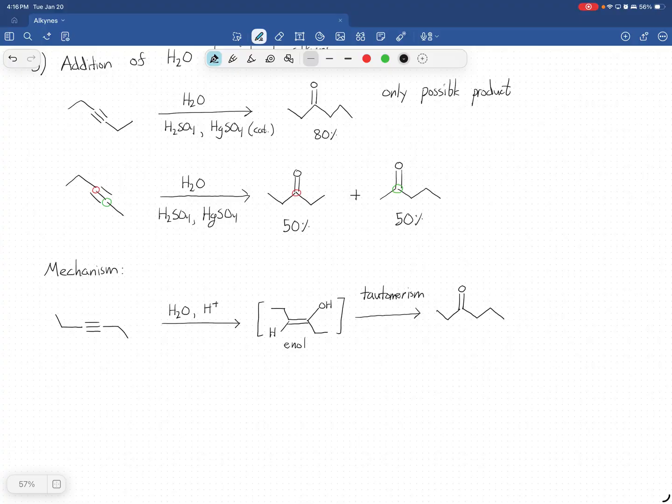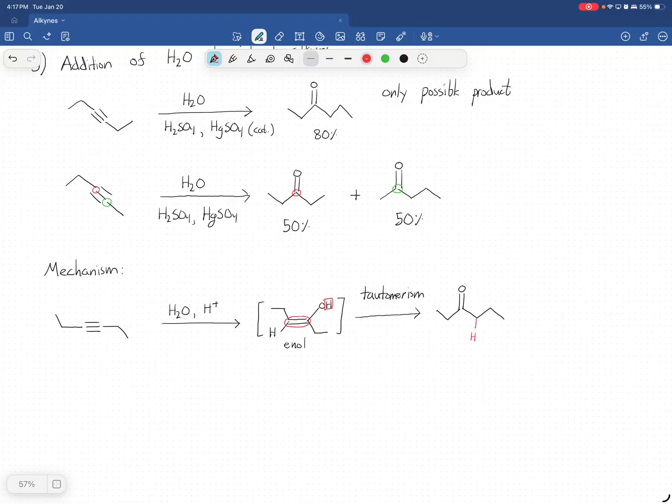You can see that one of these H's appeared right here. So this H moved to where this double bond used to be, and that's called tautomerization.